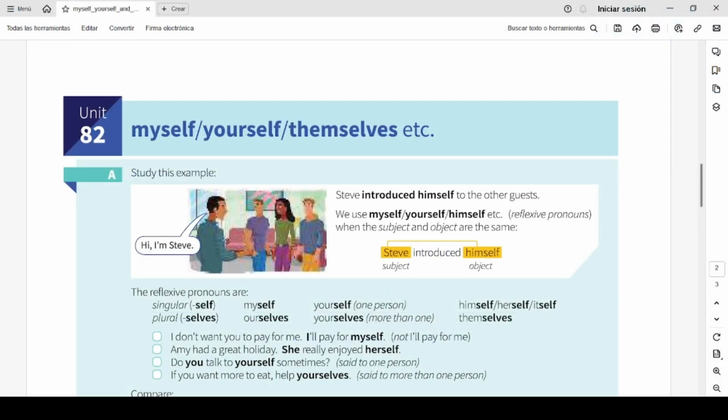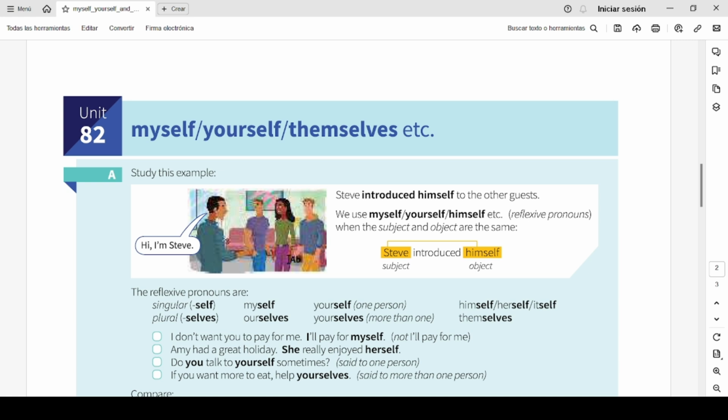So let's move on to the book and see some different examples. For example, Steve introduced himself to the other guests. Check it out. In that sentence, the subject and the object are the same person. We use myself, yourself, himself, etc. as reflexive pronouns when the subject and the object are the same, right?